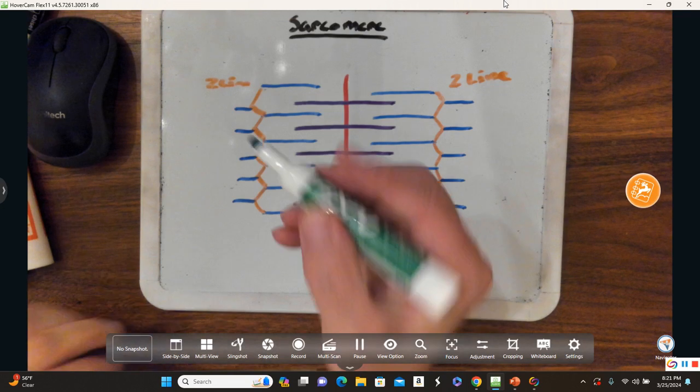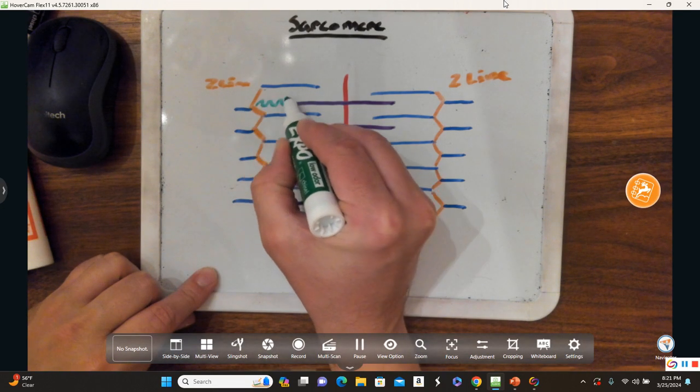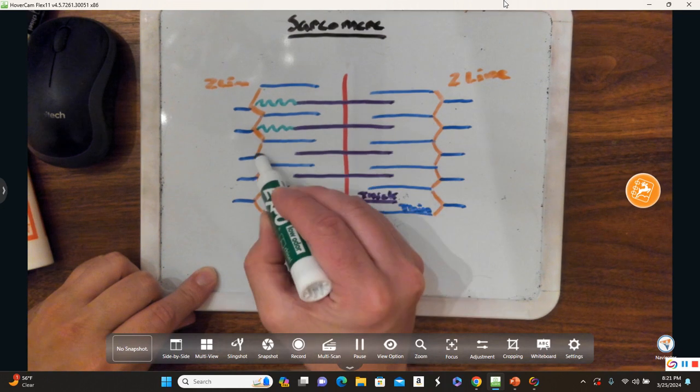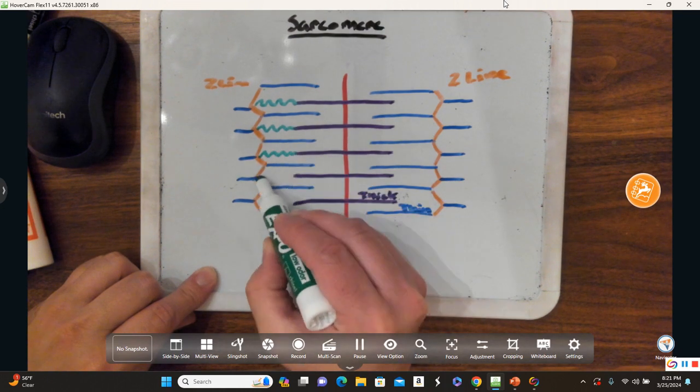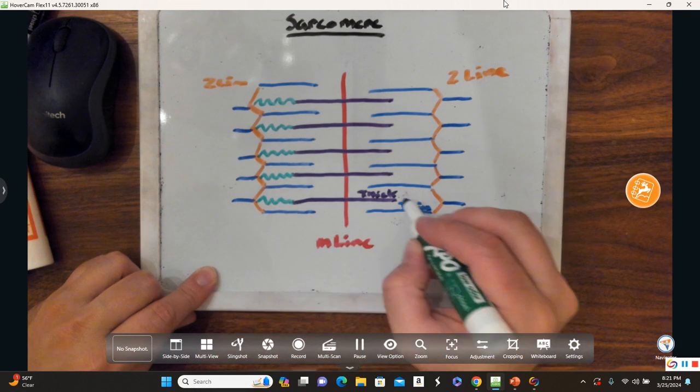What we're going to do, I'm going to take a green marker and I'm going to come inside here and I'm going to draw a squiggle like this from the inside to the tips here. Okay, like that, this little squiggly.